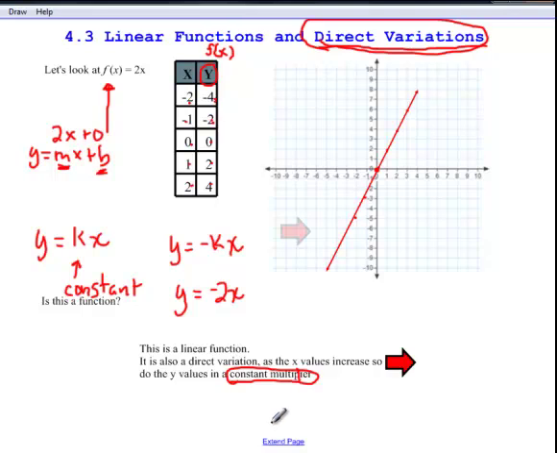So it would just look different, but it would still be centered at the origin and have that constant k. All right, so that's your direct variation. That's what we're trying to get you to understand. y equals kx, and even better, it should be f of x equals kx. So let's start using that f of x notation.